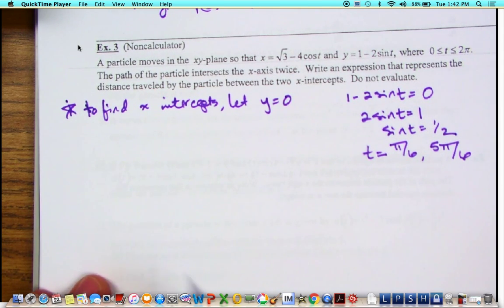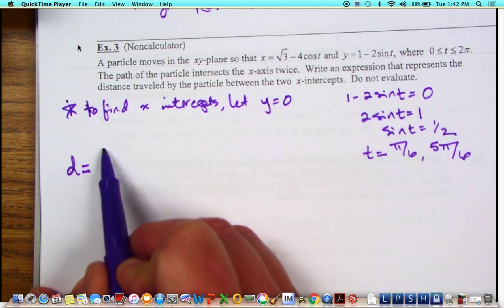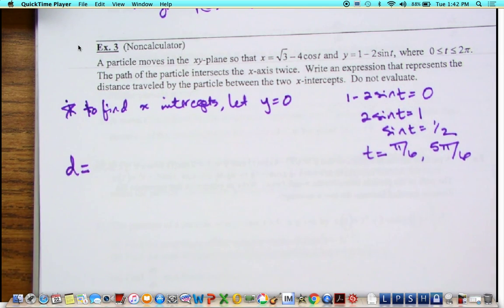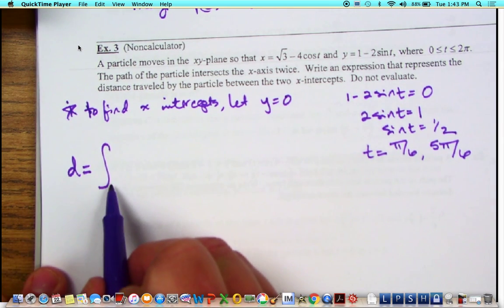Okay, so we talked about this a minute ago. My distance traveled is going to be equal to the integral from where to where?